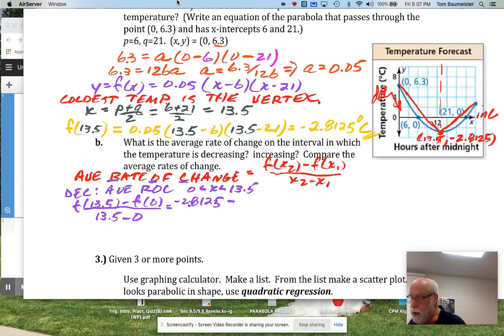So I'm going to subtract 6.3, and I'm going to get 13.5 on the bottom, because 13.5 minus 0 is 13.5. If you work that out, we are going to get negative 0.675. Now, when we're comparing rates of change, we need to make it positive. So I'm just going to take the absolute value of it, and that will give us 0.675.